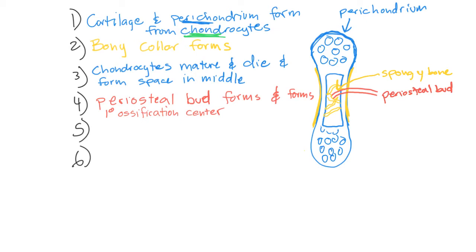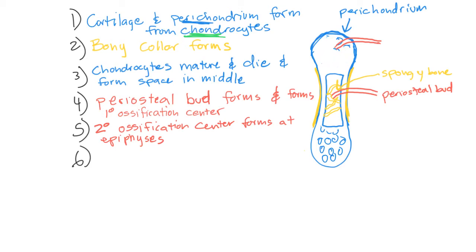All right, the next step is you get more blood supply going to the ends, and you get secondary ossification centers. And more spongy bone.